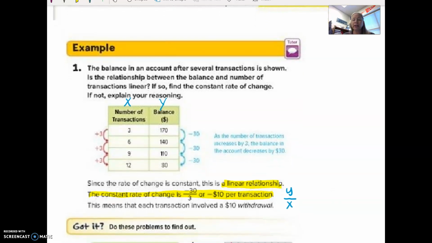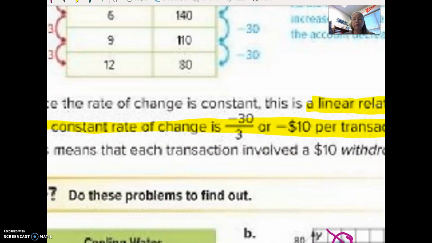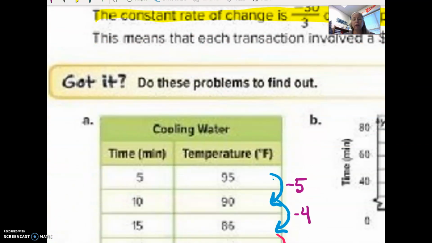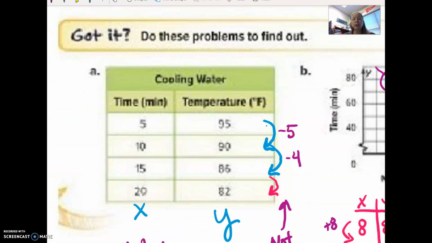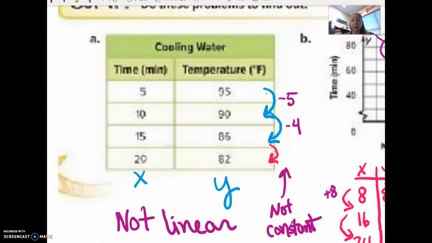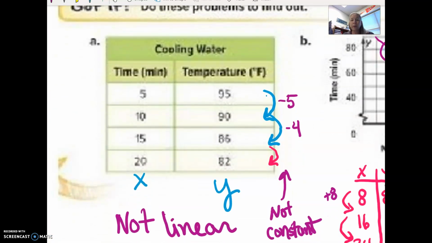Let's look at some different examples here. I'm going to make each example a little bit larger. So if we look here at this first example, we can see that we have the x value and the y value. Again, it's going in order alphabetically. And when we look down the pattern for the y value, we can see that at first it subtracts 5, but then in the next one it's subtracting 4, and then in the next one it's subtracting 4.